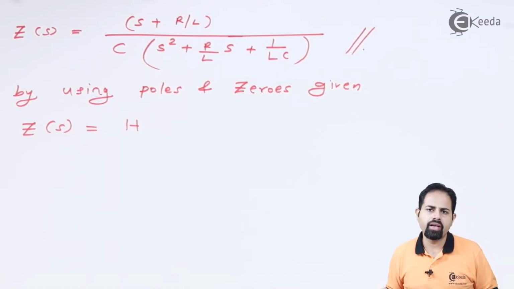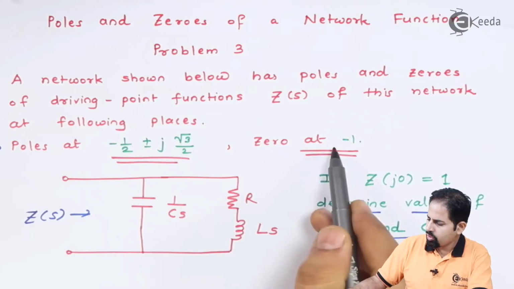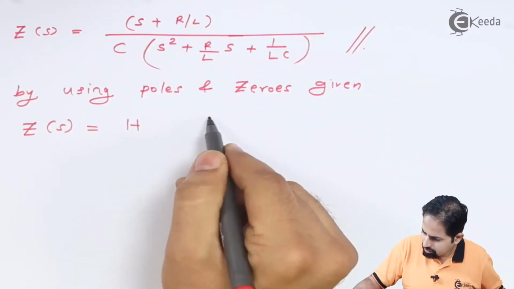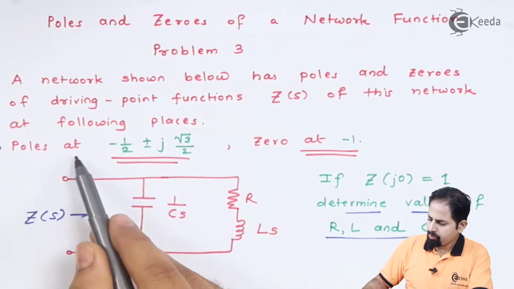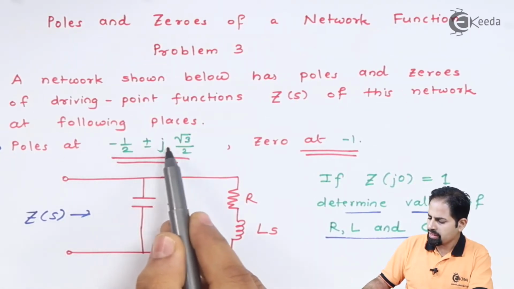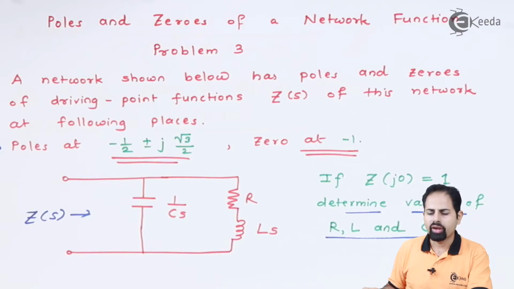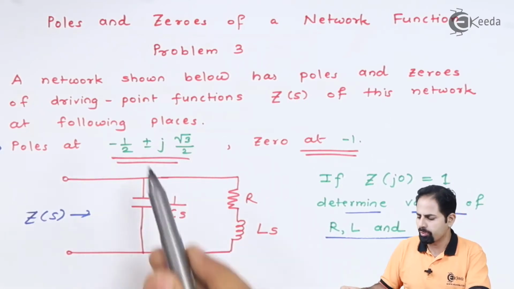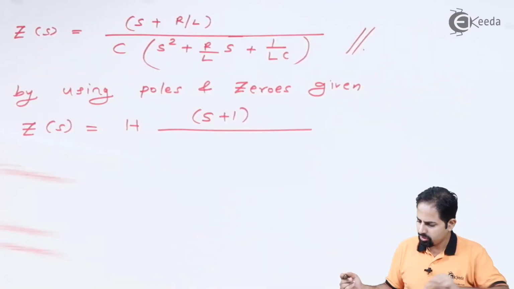This H is some scaling factor which we don't know, we have to evaluate it. Zero is at -1, so it must be s plus 1. And poles are at -1/2 plus minus j root 3 by 2. So we can write s plus 1/2 plus j root 3 by 2, and s plus 1/2 minus j root 3 by 2, two terms because there are 2 poles.